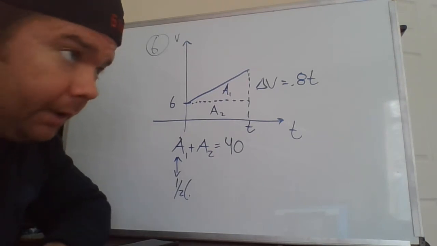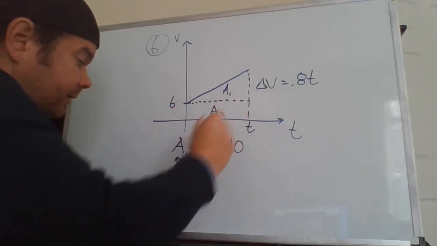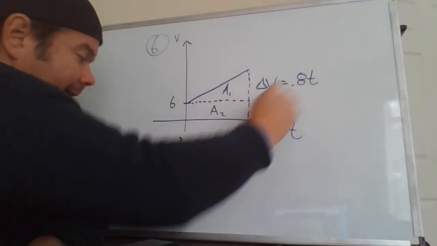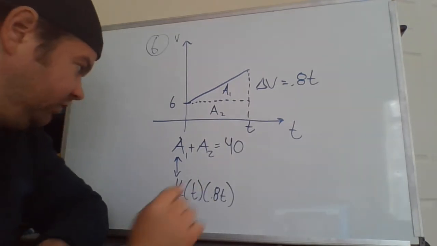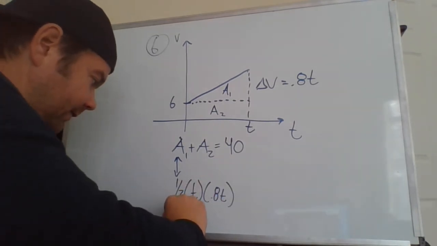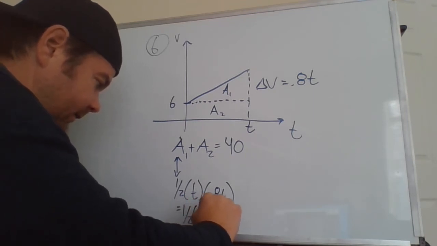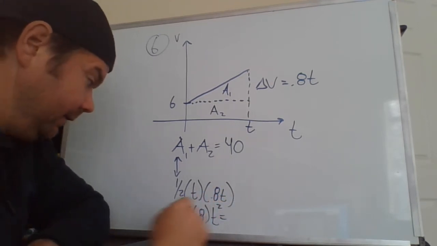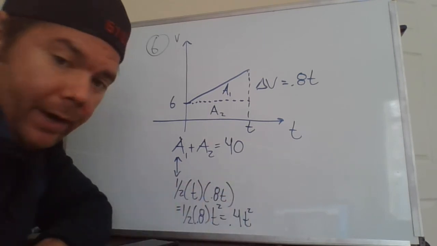The base is t, and the height is 0.8 t. If I simplify that, that's going to be 1/2 times 0.8 t squared. I can take that a step further, and say this is 0.4 t squared.